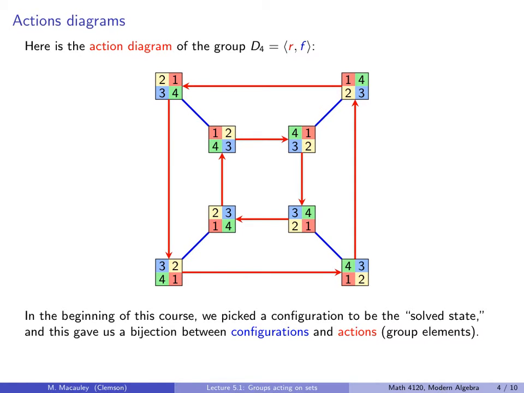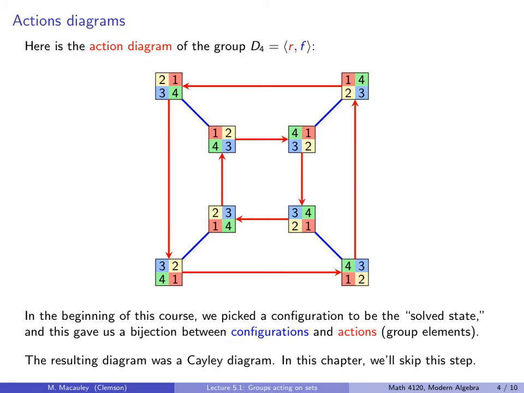Then, every other node in the Cayley diagram corresponded to a configuration, and we said we can associate that with the action that we get when we follow the path from the solved state to that node. For example, this configuration in the upper left-hand corner corresponds to the flip following the blue edge. This configuration in the bottom right-hand corner corresponded to blue, red, red. In other words, F R squared.